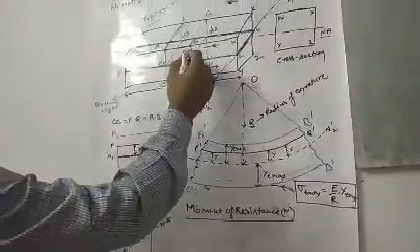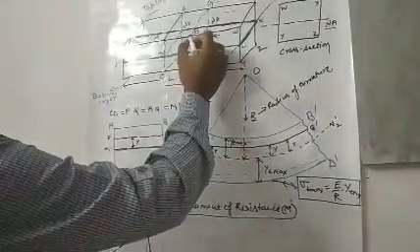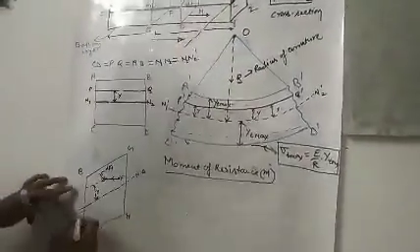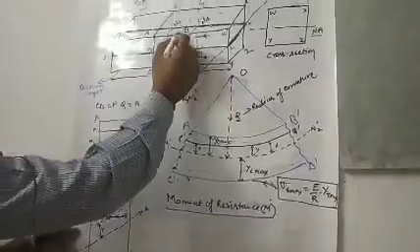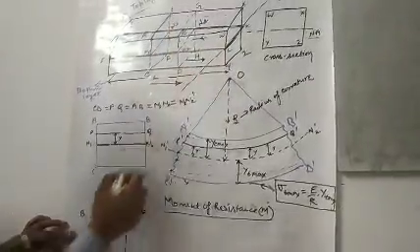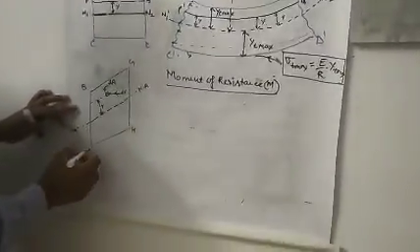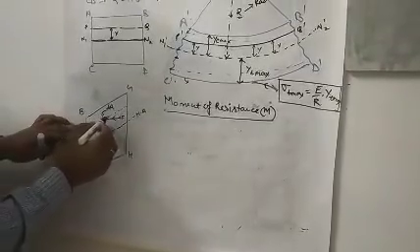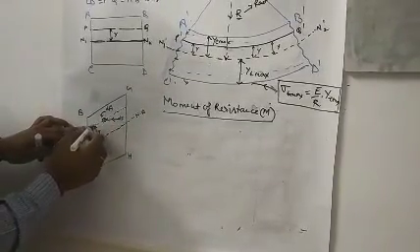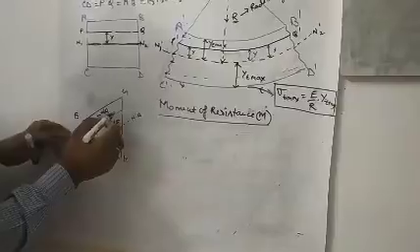Right? Now we are considering a section BGHD here. Section BGHD, right? And this dotted line here shows the position of layer PQ.